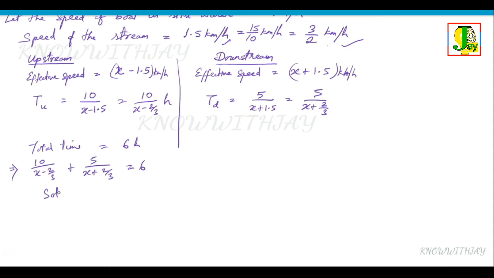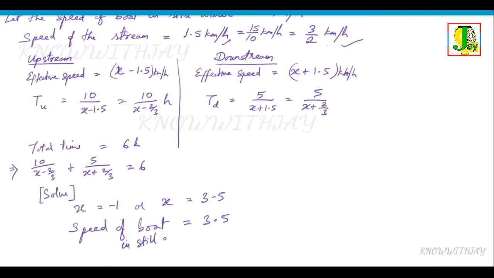So on solving this, we get x equals minus 1 or x equals 7 by 2, that's 3.5. Now what is x? x is the speed of the boat. It cannot be negative. So the speed of the boat in still water equals 3.5 kilometer per hour.